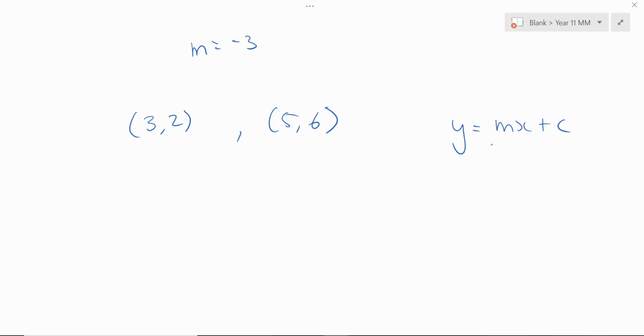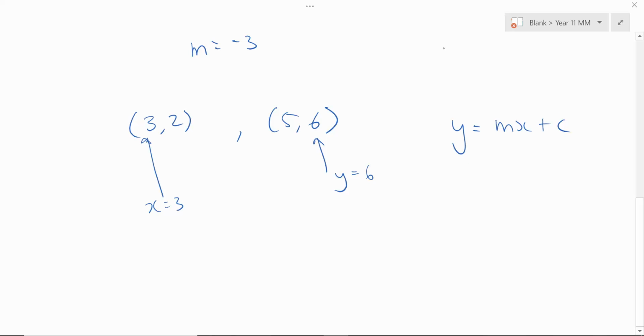So which one's my X and which one's my Y value? 6 is the Y. 3 for the X. So I substitute X equals 3 and Y equals 6. Is that correct? Into where? Into this equation over here?